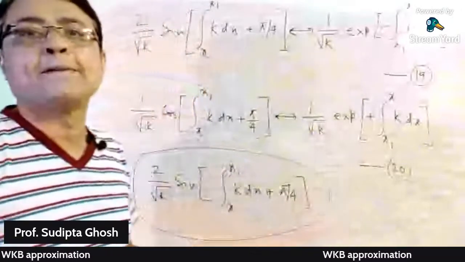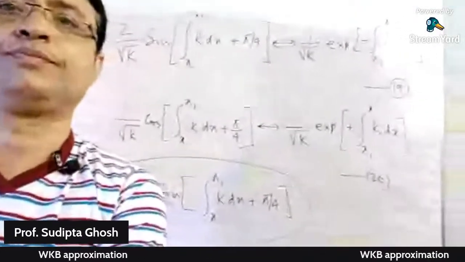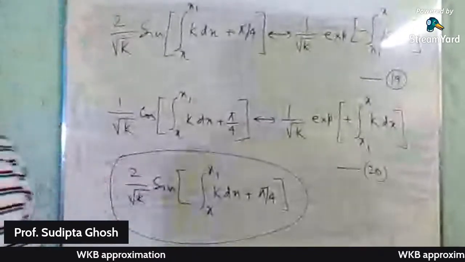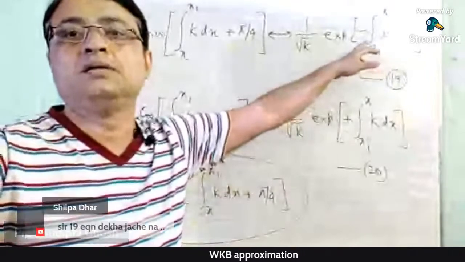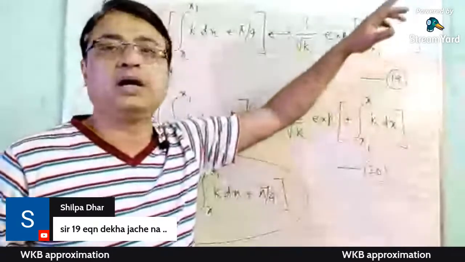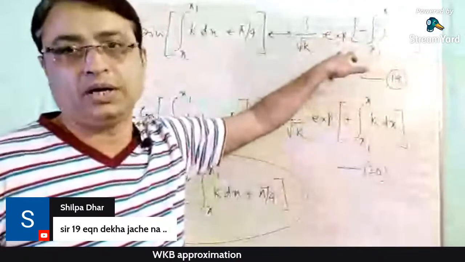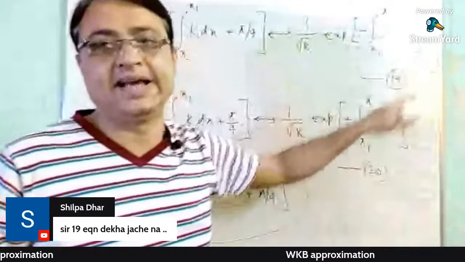Okay. Is it okay? Now I think there is a reflection of my tube light here. So it is actually e to the power minus integral x1 to x k dx.